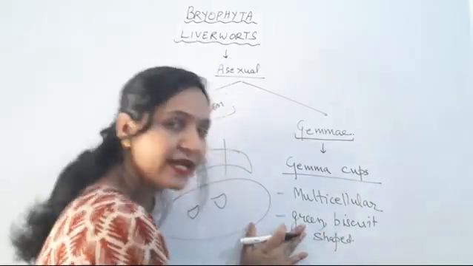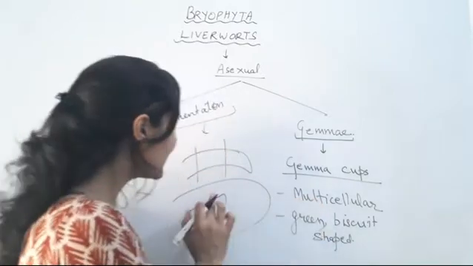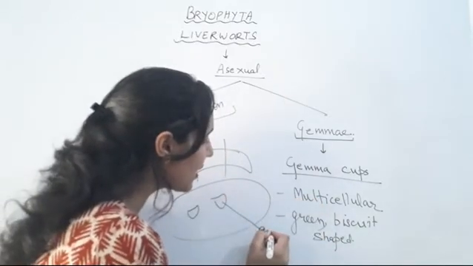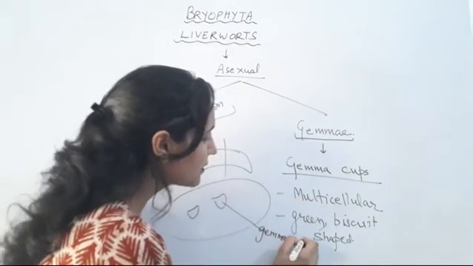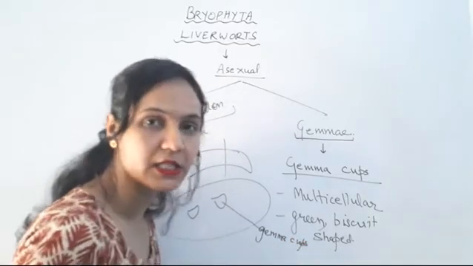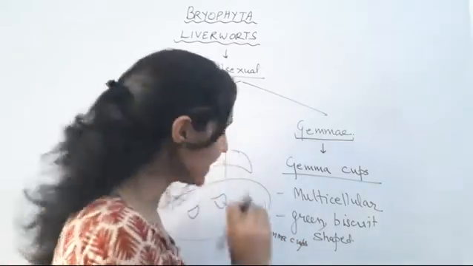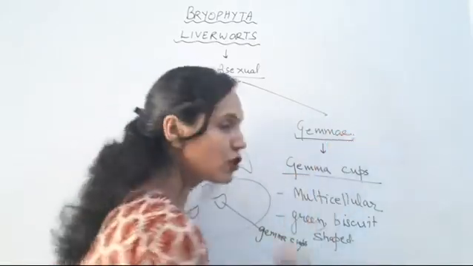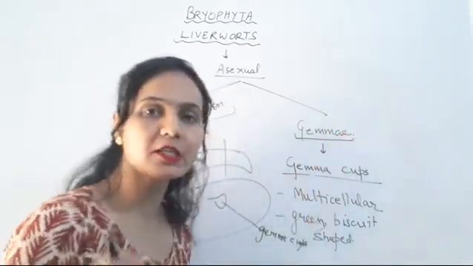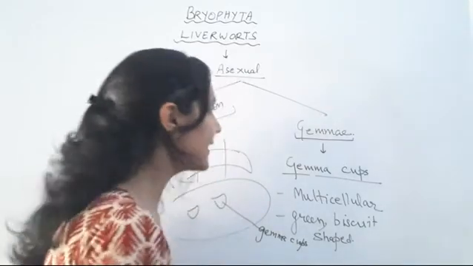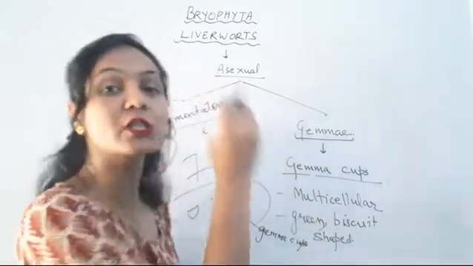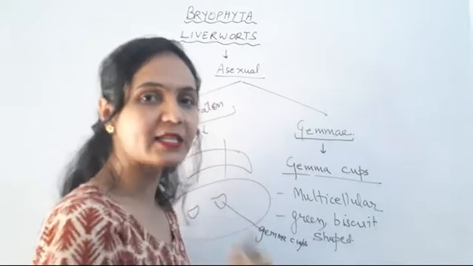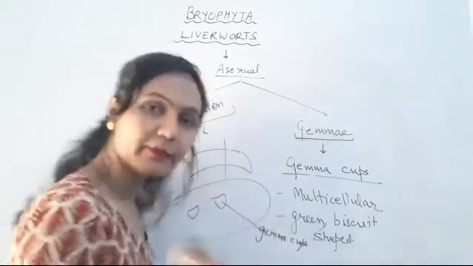They are green in color and they are multicellular. These are known as gemma cups, which are present on the thallus, or thalloid. So these gemma cups produce gemma-like structures which are dispersed by the water current and they germinate to produce liverworts or a thallus-like structure. Clear, beta?